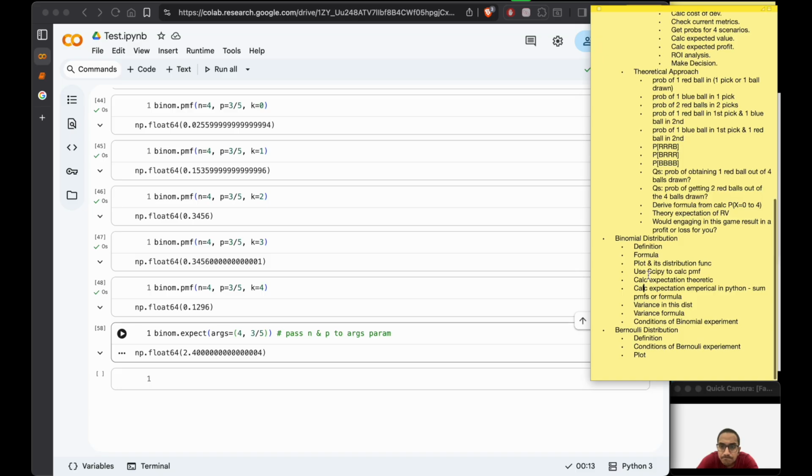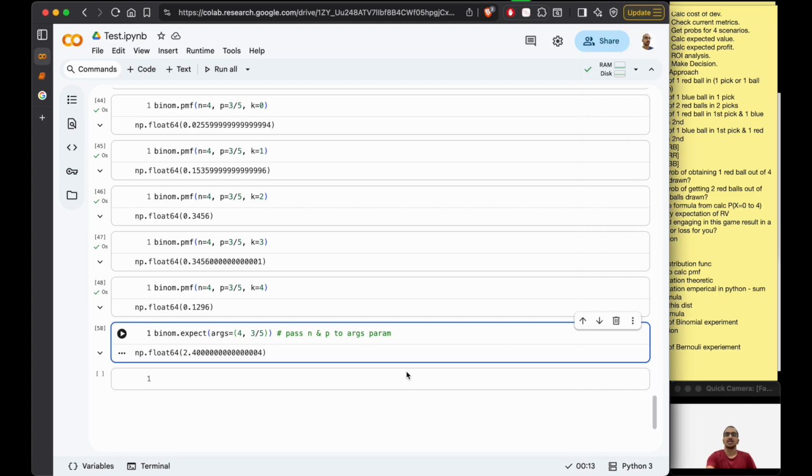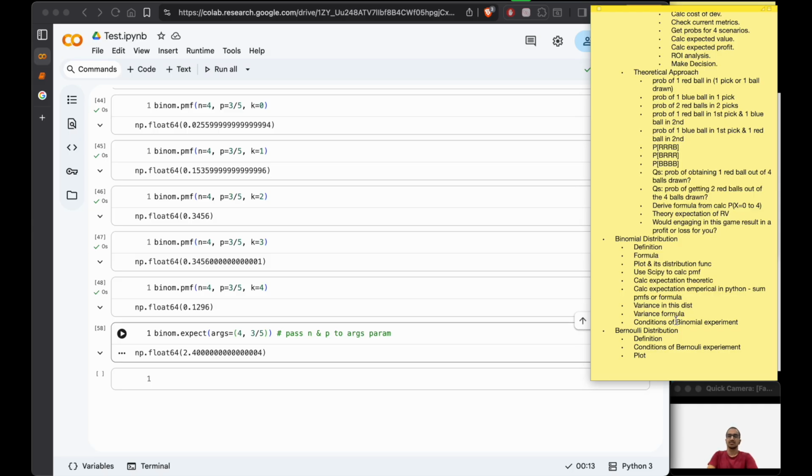That's the expectation. Now we'll just look at variance. There is nothing much to discuss here, we already saw variance previously. The definition is the same, it's just that in binomial the formula changes slightly.